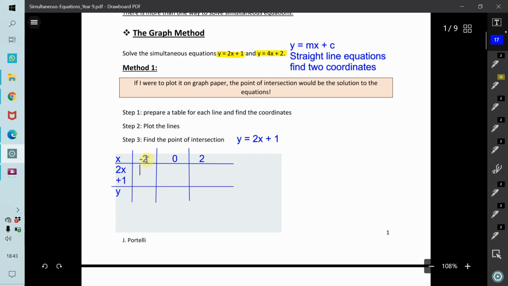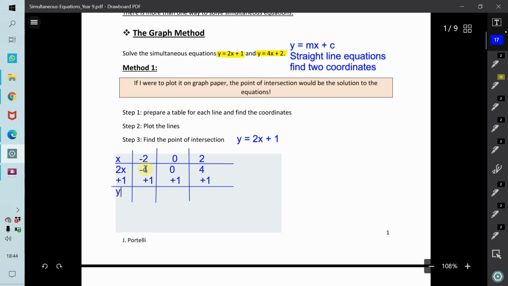In this particular row, it's 2 times -2, which is -4. 2 times 0 is 0, and 2 times 2 is 4. Plus 1, I'm so sorry girls, -4, 0, and 4. Plus 1 just tells us plus 1 to reach 1.